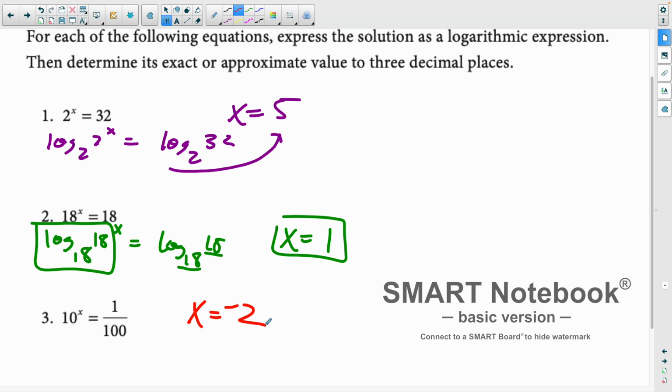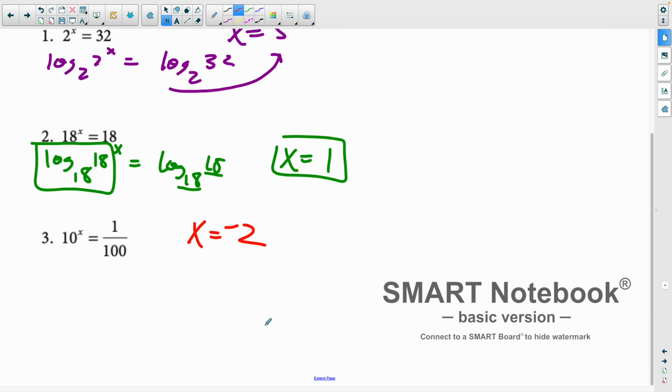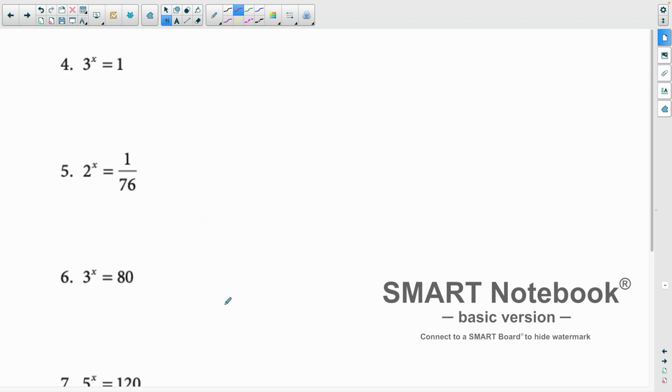Good. And so on that one, again, log base 10 of 10x equals log base 10 of 100. All right. That gave me -2. What'd you get as an answer for number 4? 0.